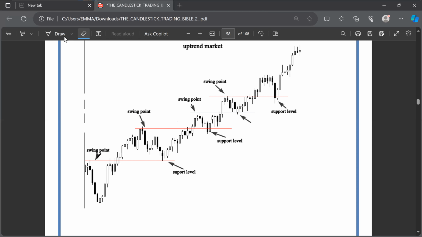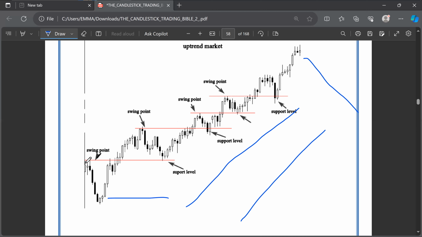We also get to a point whereby you use what is called trend lines. The trend lines are drawn in the diagonal form, right? They are not drawn in a horizontal form like you see these red lines. When they are in the horizontal form, we call them support and resistance levels, right? That's the simple way. Now, when the market is slanted, moving upward or downward, you can also use something called the trend line.